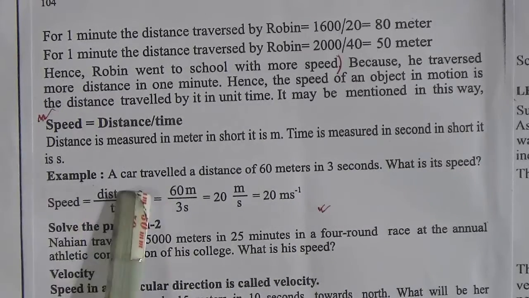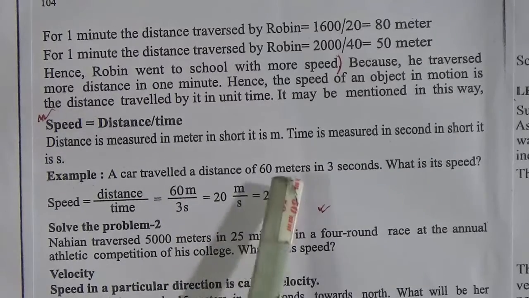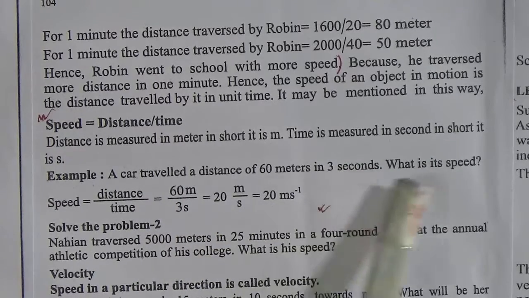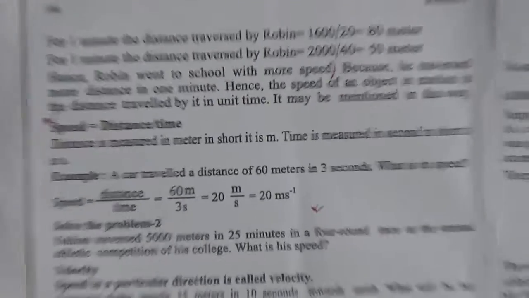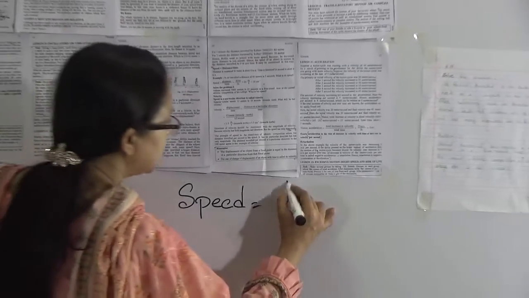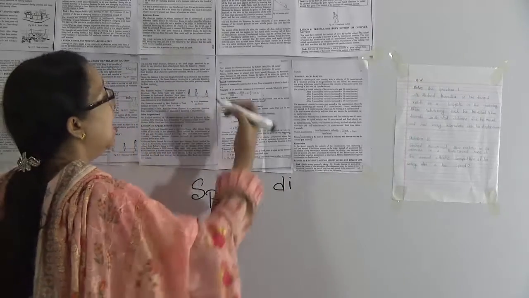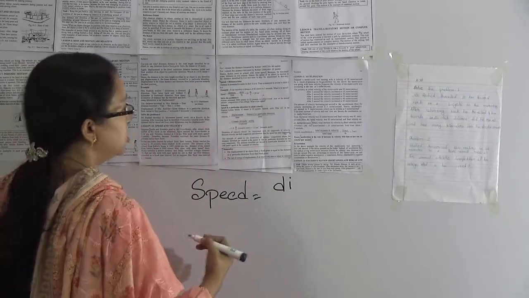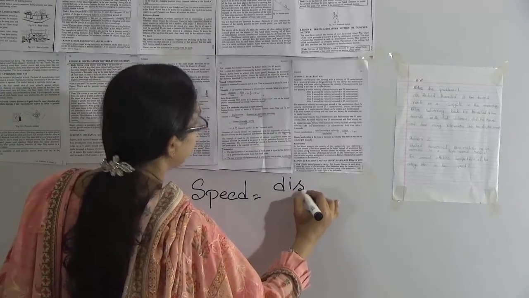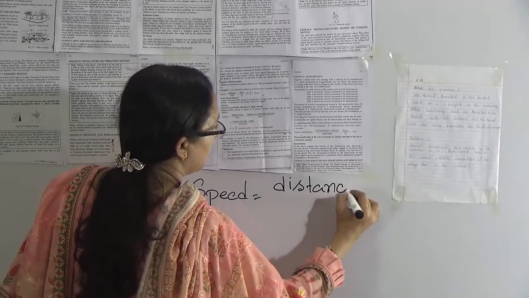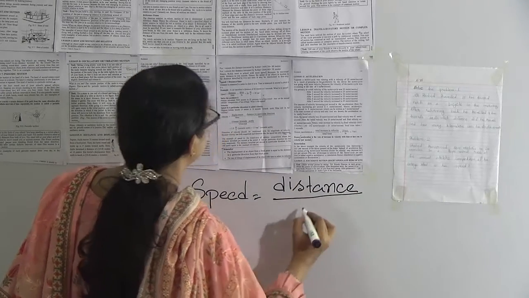Example: a car travelled a distance of 60 meter in 3 seconds. What is the speed? We follow this formula: speed equals distance, that means which distance a person or a car or anything travelled, by time.